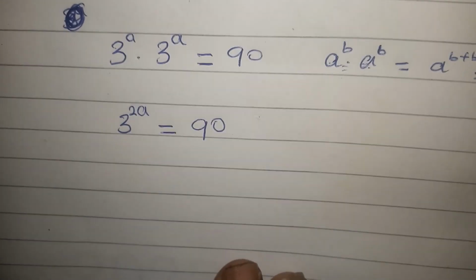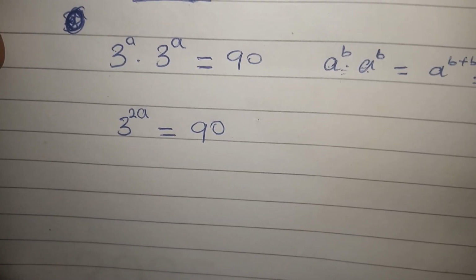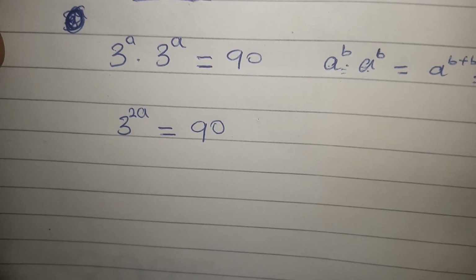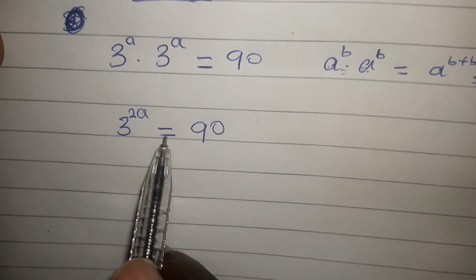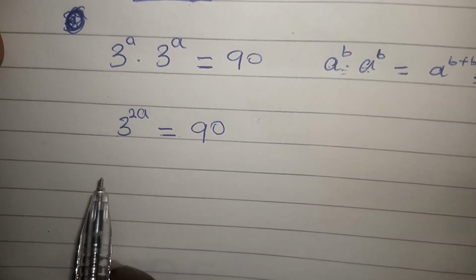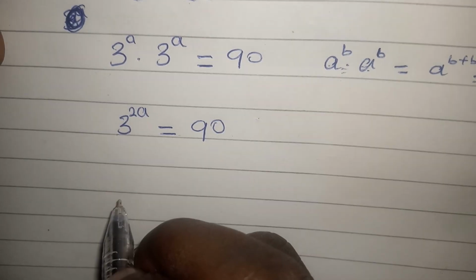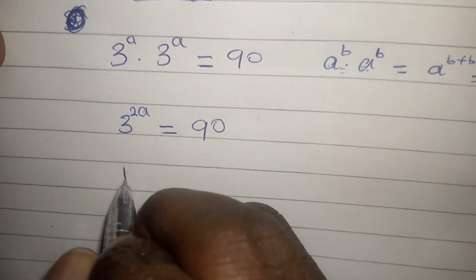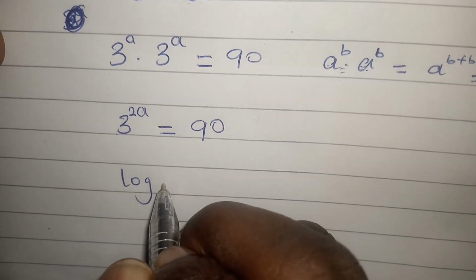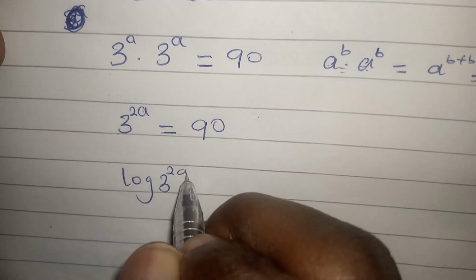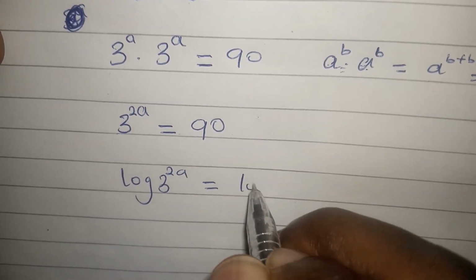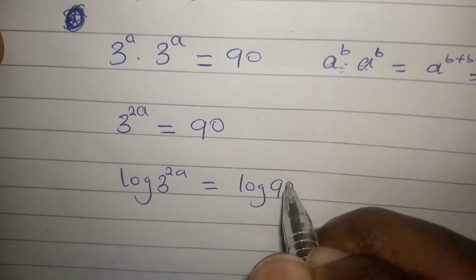Since we have this, the next thing we are going to do is take the log of both sides. So we have log of 3 to the power of 2a is equal to log of 90.